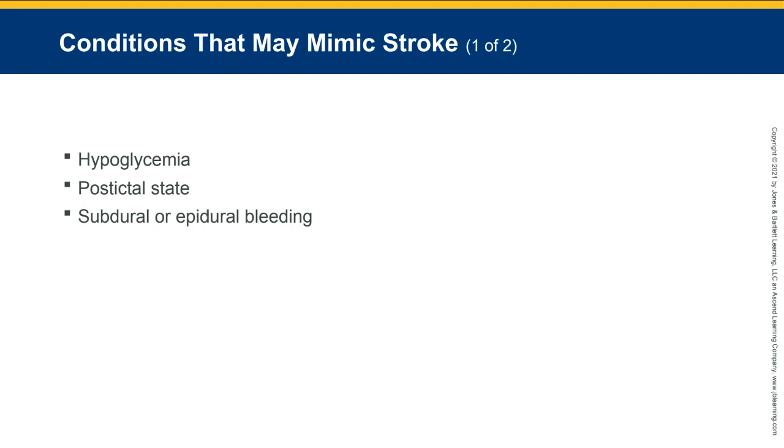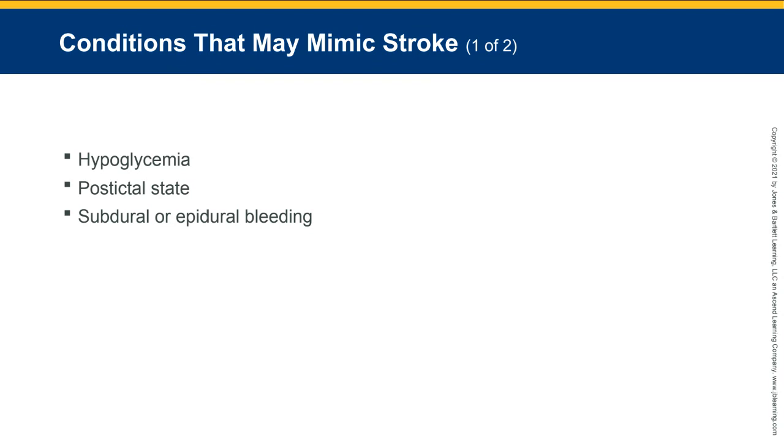Subdural or epidural bleeding. Remember, earlier we stated that the dura mater is the area just below the skull. So that's the portion of the membrane that is just below the skull. If bleeding starts to occur above the dura, that is referred to as epidural bleeding, and it's usually going to be an arterial bleeding.